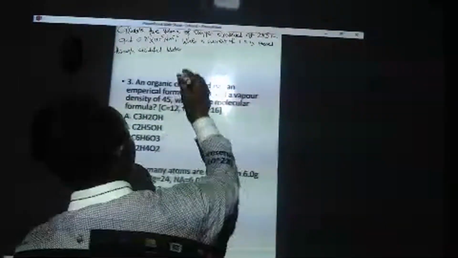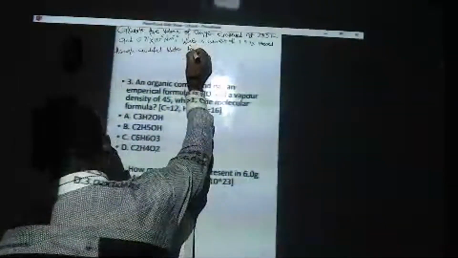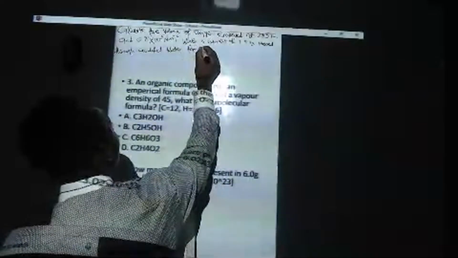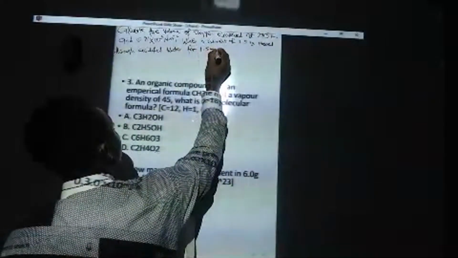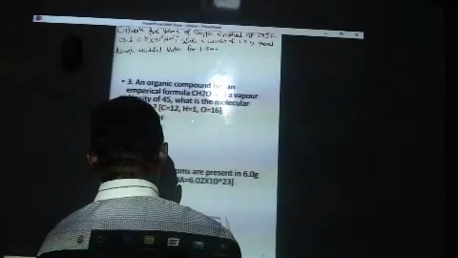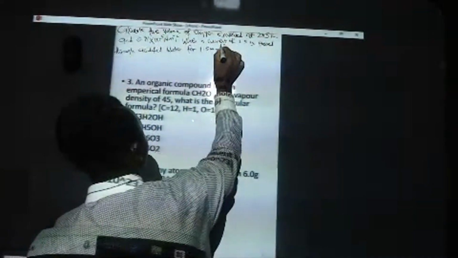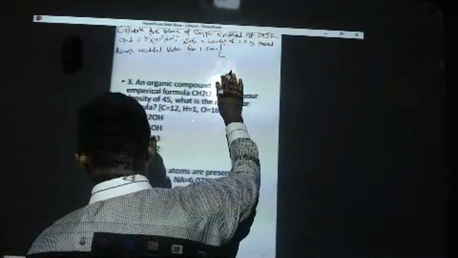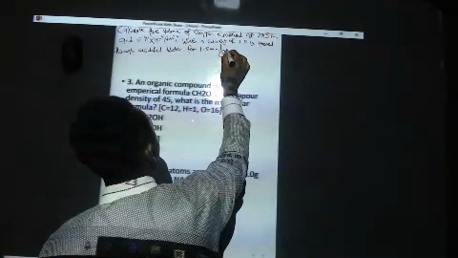Okay, for 1.5 minutes we pass through acidified water. Now they give you the molar volume of the gas to be this.